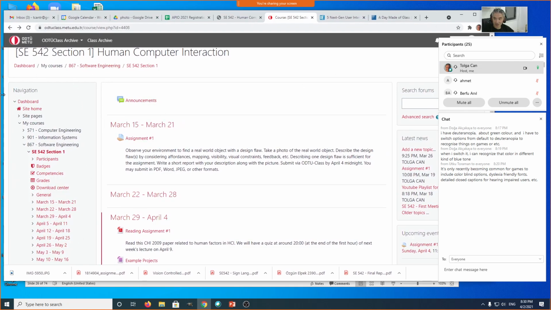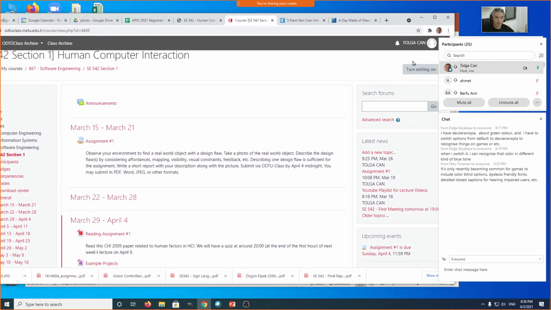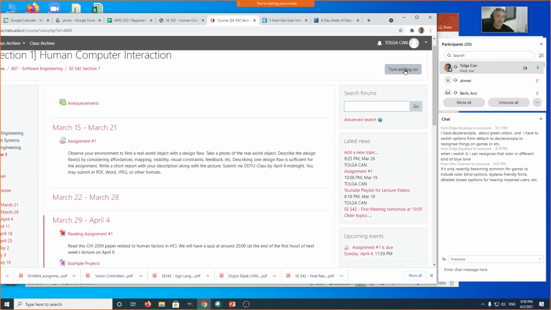My attention, my gaze, is on this side. And most of the time this may be overlooked. I may not look at the turn editing button because it's right under my username. I'm going to pay attention to this part only when I'm logging out. All right, so it may be a bad idea to put this turn editing on the top right.